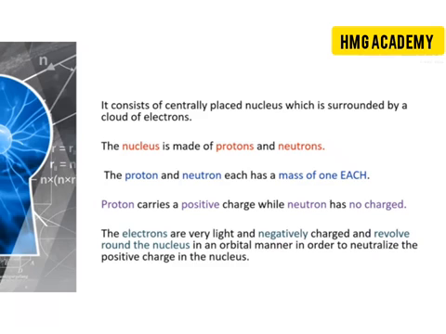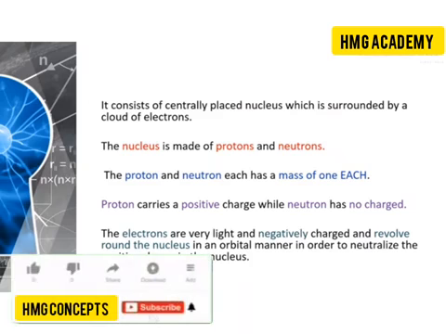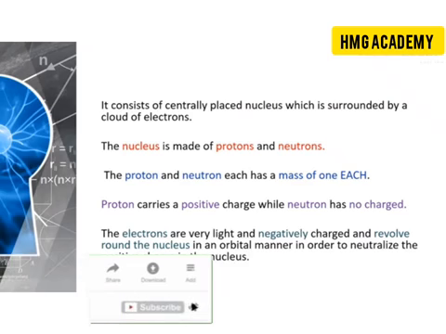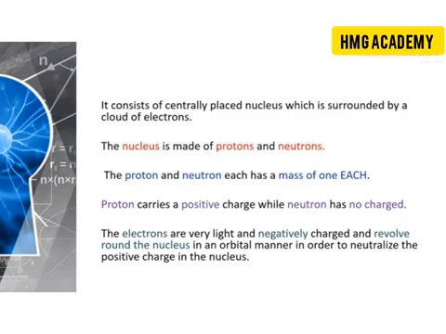The proton and neutron each have a mass of 1. The proton carries a positive charge, while the neutron has no charge. The electrons are very light and negatively charged and revolve around the nucleus in an orbital manner in order to neutralize the positive charge in the nucleus.